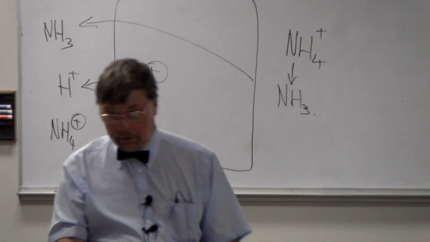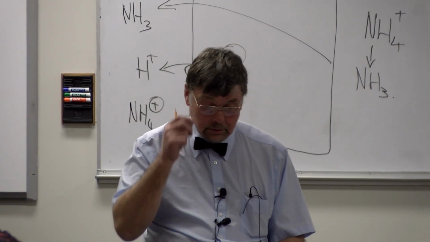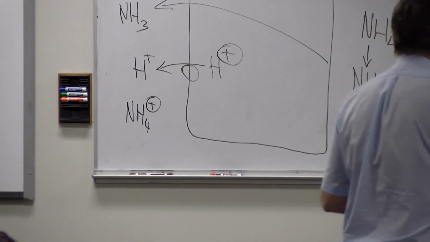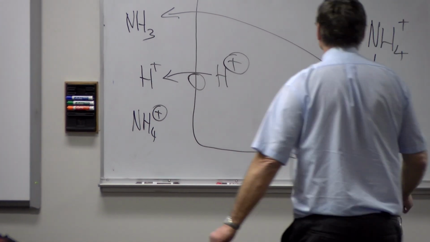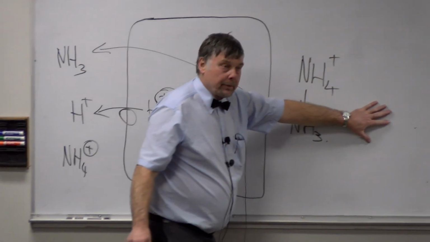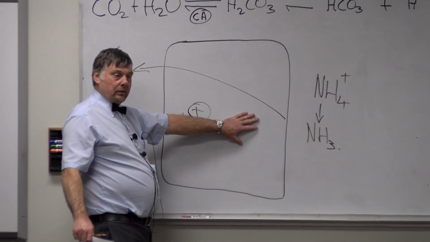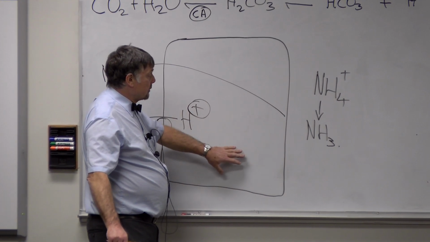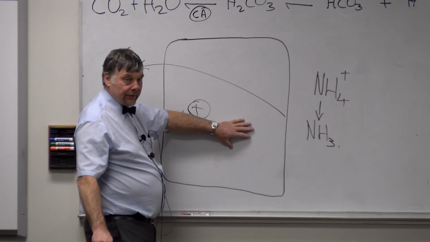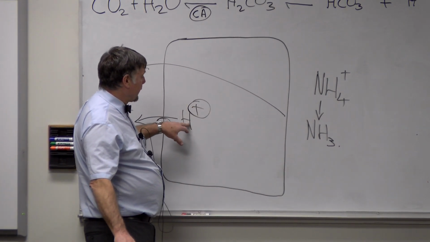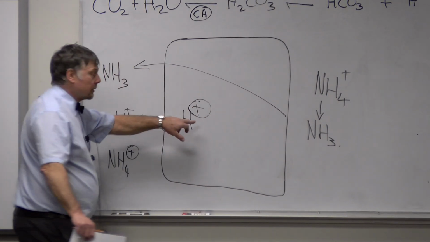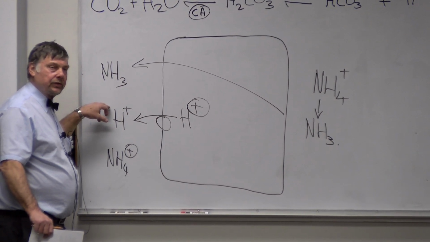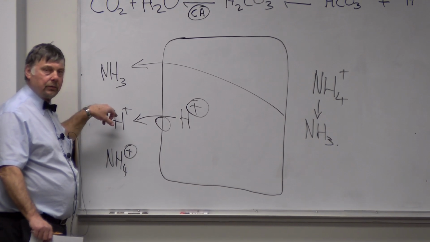But if we have a respiratory acidosis, we generate a lot of carbon dioxide, and in the cell you've got a lot of carbon dioxide which gets into the cell, and the carbon dioxide makes carbonic acid, it makes bicarbonate and H+. The H+ goes out, and you drive the renal secretion of hydrogen ion when you have a high CO2.